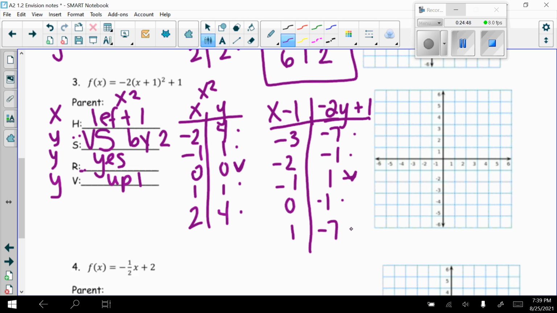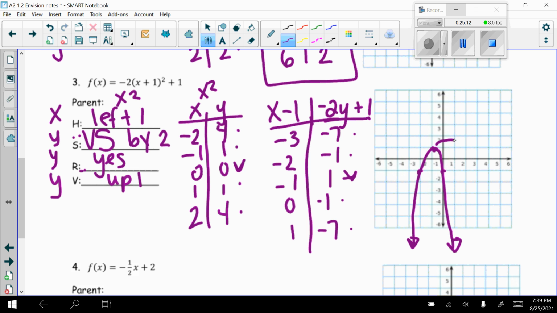So plot these points. -3, down, -7. It's going to be just right off my graph. -2, -1, -1, up 1, 0, -1, and 1, -7. So there is my graph. It's a reflection because now it's opening down.